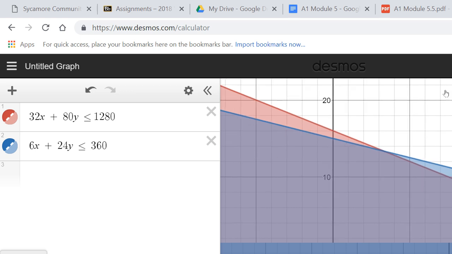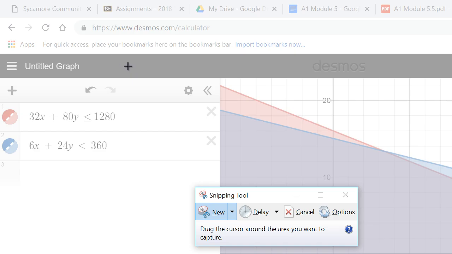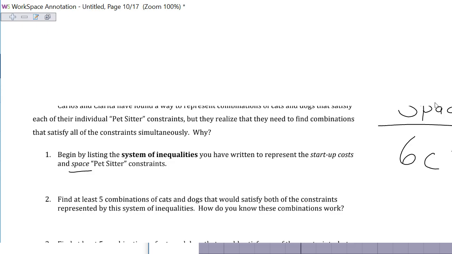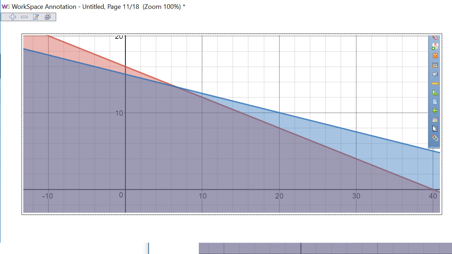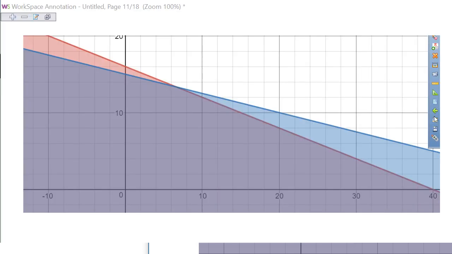So give me 5. Okay, so it says find 5 combinations of cats and dogs that satisfy both constraints.